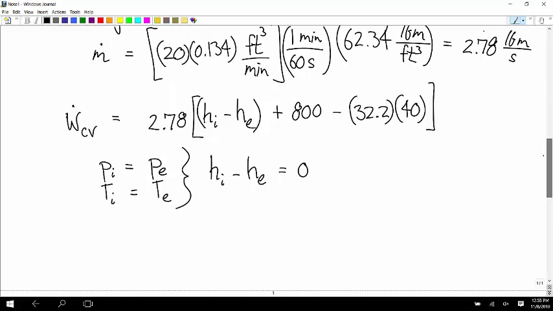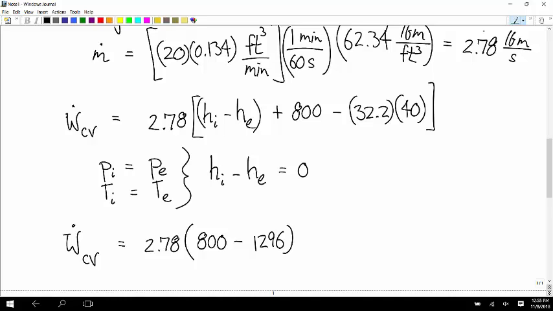Okay, so now I can rewrite this. The work rate is equal to 2.78 times 800 minus what's 32.2 times 40? Okay, 1296. And so what do you get if you multiply all that?